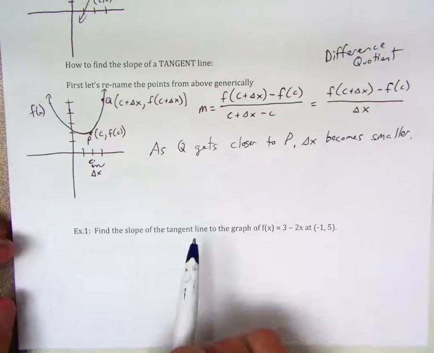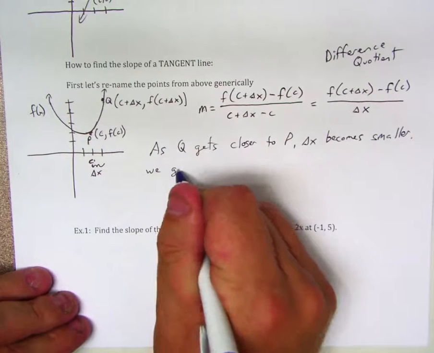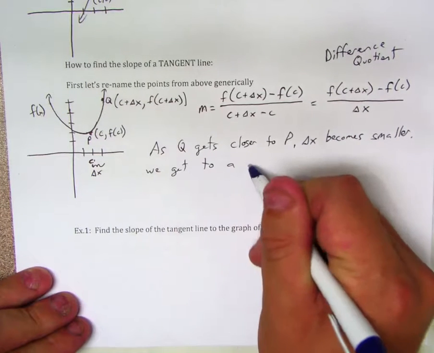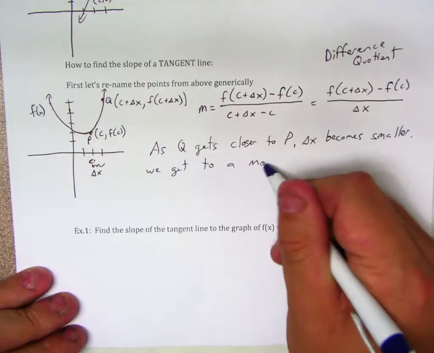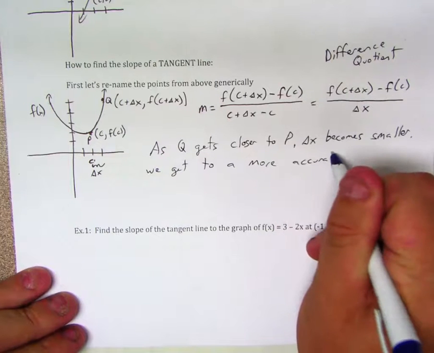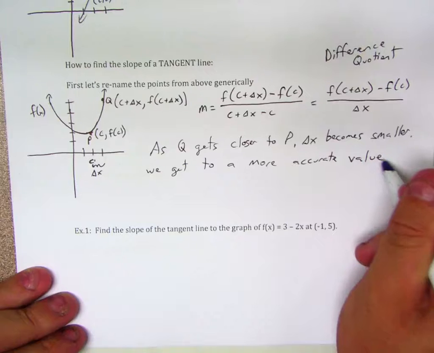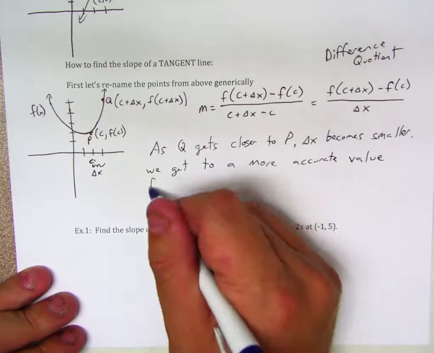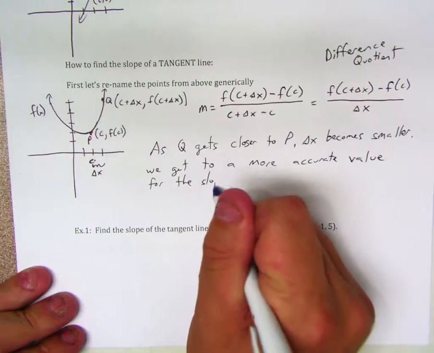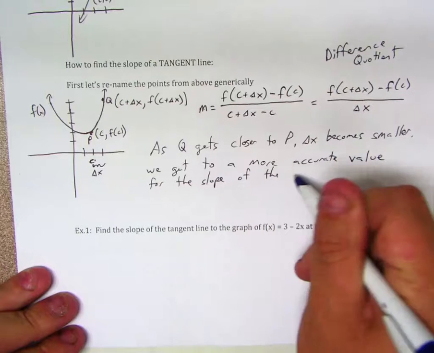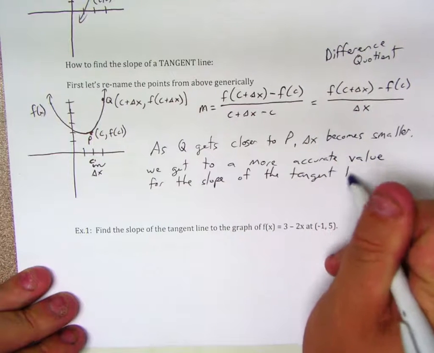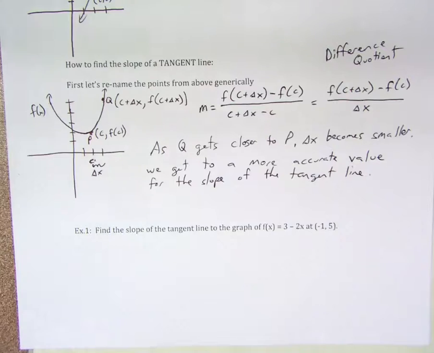Okay, so we get to a more accurate value for the slope of the tangent line. If we can get that Q point really close to P, where that delta x is getting really close to 0, we're going to get a great value for the slope of that tangent line. We're going to get really close to it.